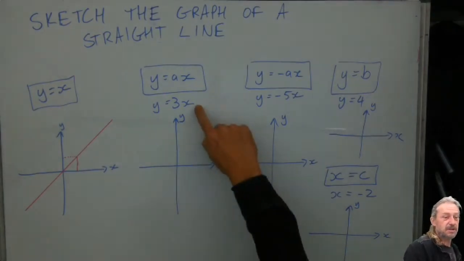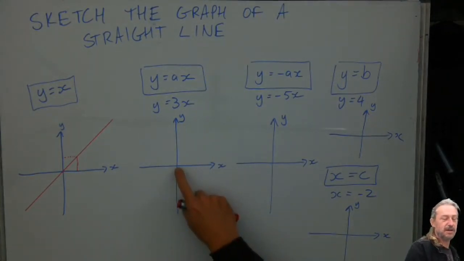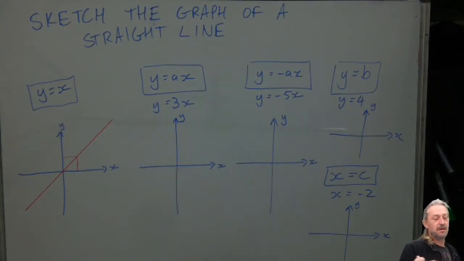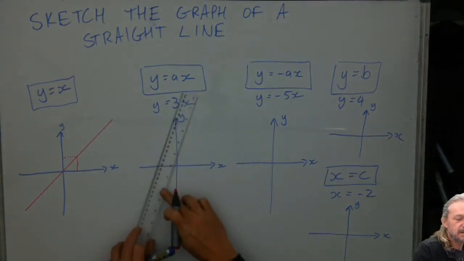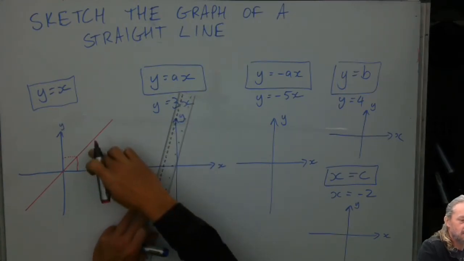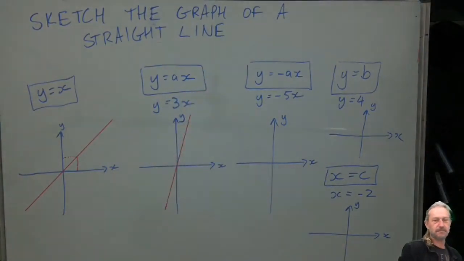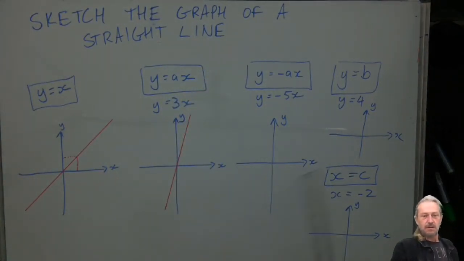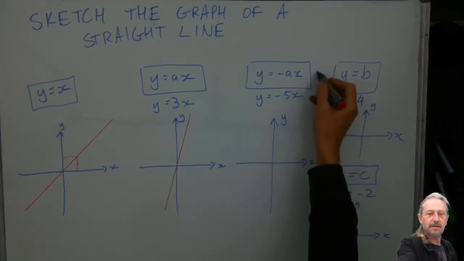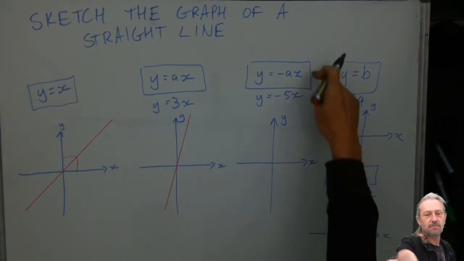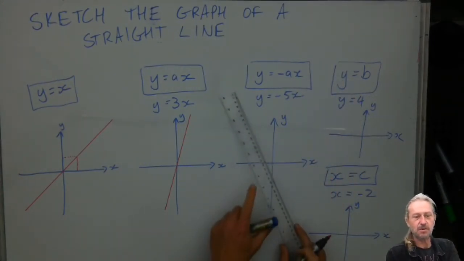So this was the one we just graphed. Because we've got nothing on the end, it also passes through that point 0, 0, but because we've got a number, it's a lot steeper than this one. So that would be like that. Same with this one. Because we've got nothing being added on, it passes through the point where the axes cross.